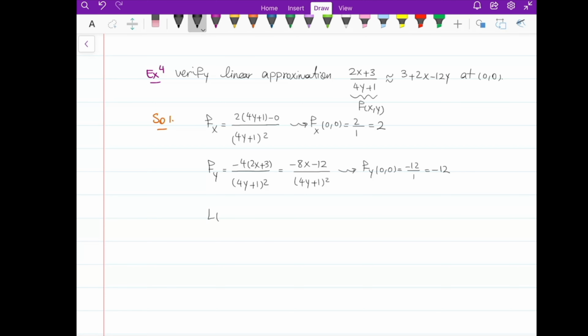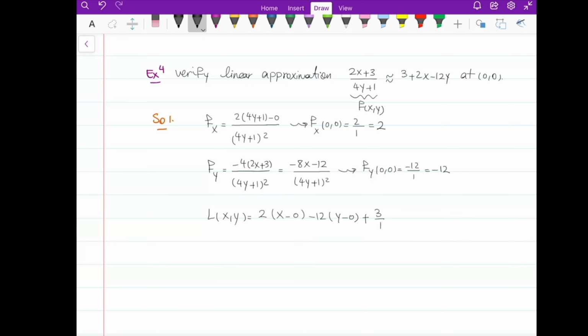So the linear approximation would be the partial with respect to x, times x minus 0, plus the partial with respect to y, which is negative 12, times y minus 0, and then the value of the function at (0, 0). Plug in (0, 0) into here, I get 3 over 1, which is 3.